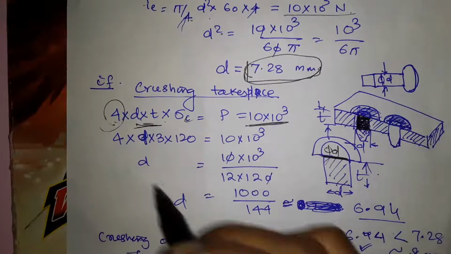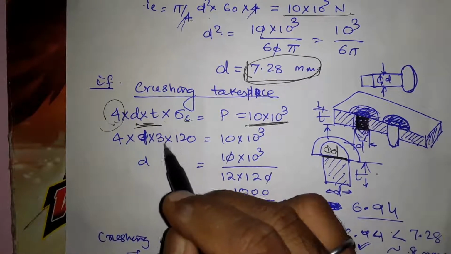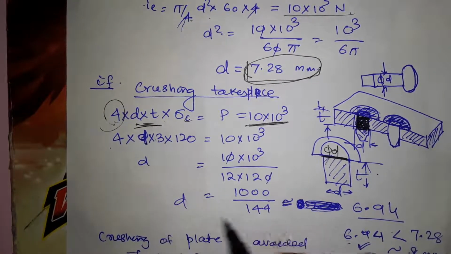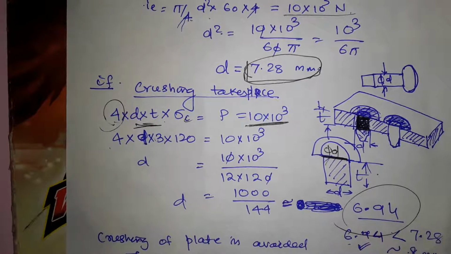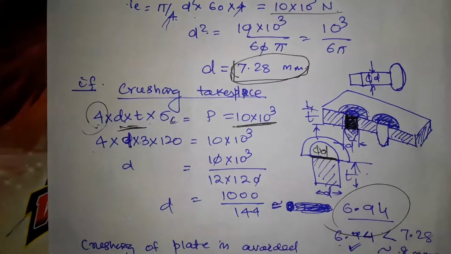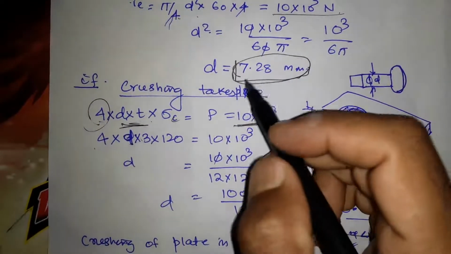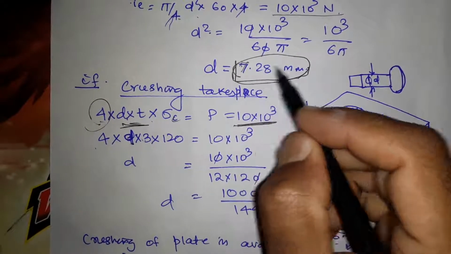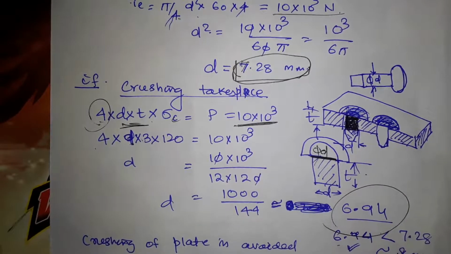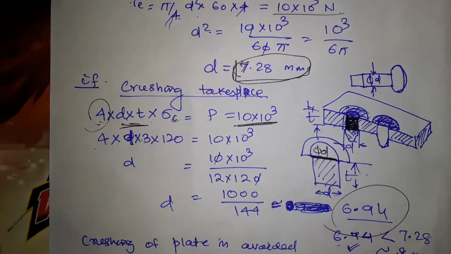So what will be the diameter? We don't know; thickness is given to be 3. We can find the diameter is coming out to be 6.94. To resist the shear failure, you require at least 7.28 millimeter diameter. Even though the diameter 6.94 is less than that, it will suffice for the crushing failure.